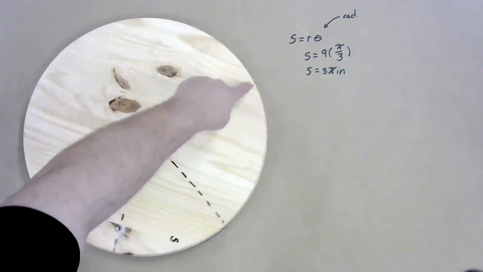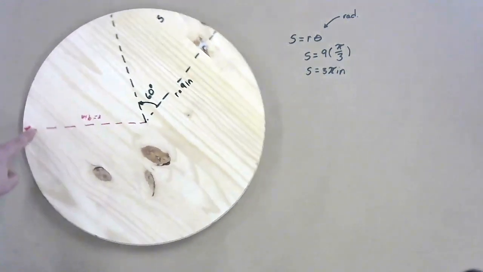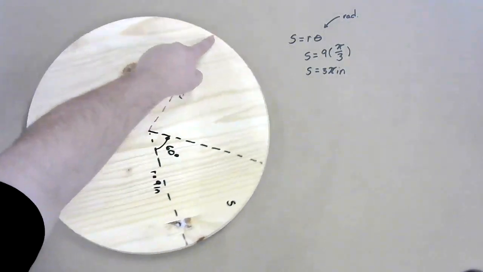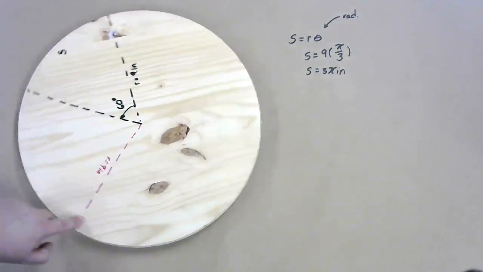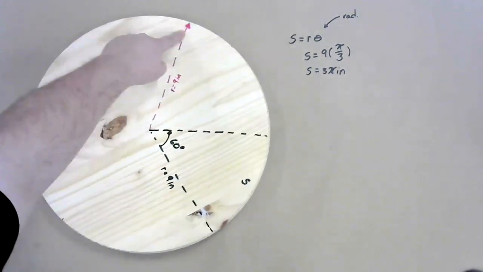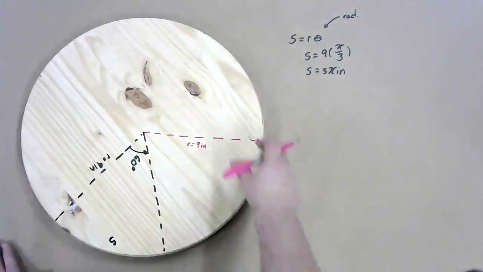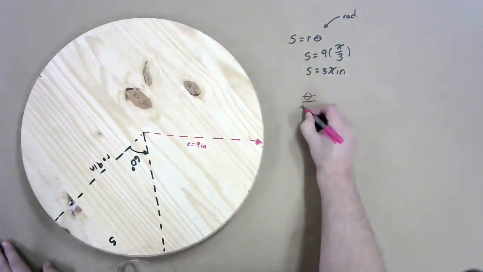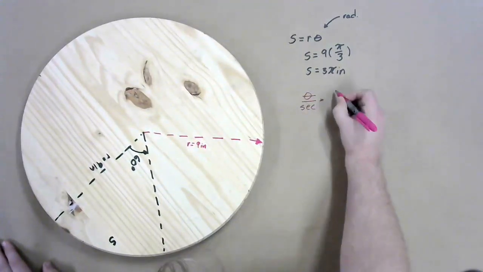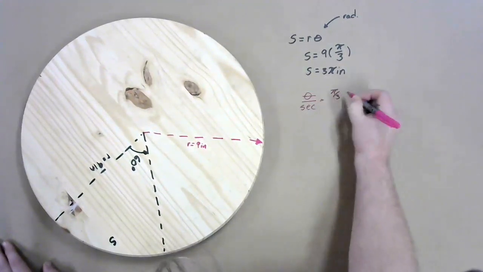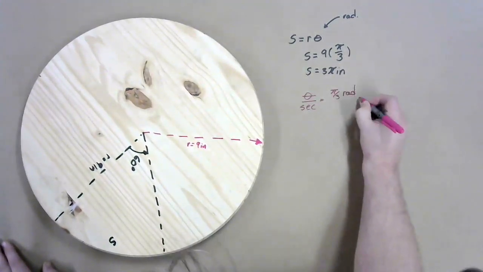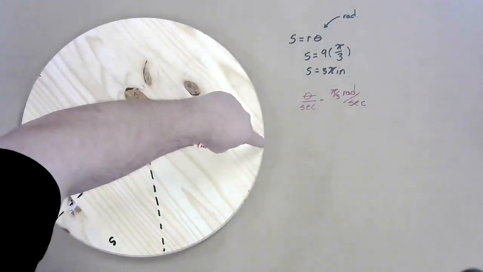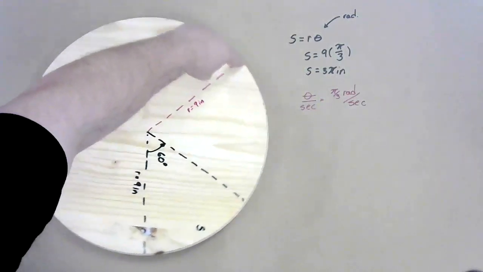And we keep moving at about that speed where we go through pi over 3 radians about every second. If we do go through that pi over 3, I'm going to write that down, radians per second.